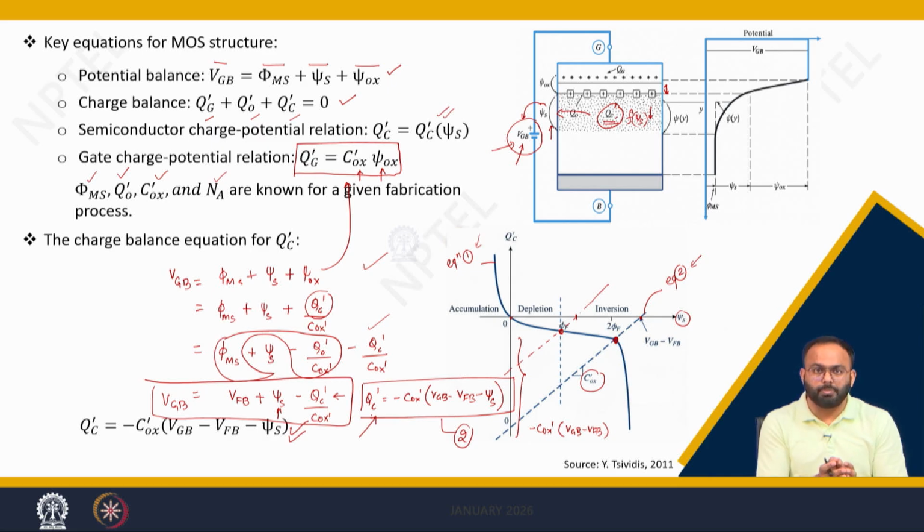If you reduce the VGB, what will happen? The electric field is not that high to pull the electrons from the body, and hence the negative charge at the surface will only be given by the uncovered immobile ions. So, likewise, we can take any value of VGB and find the solution, which will be given by the intersection point of this QC dash and psi s graph.